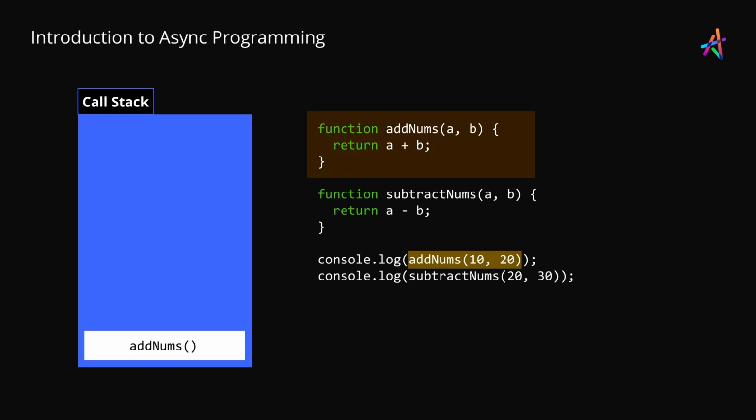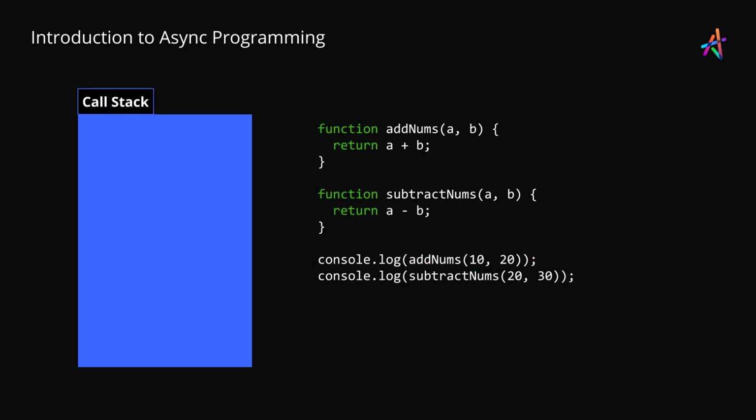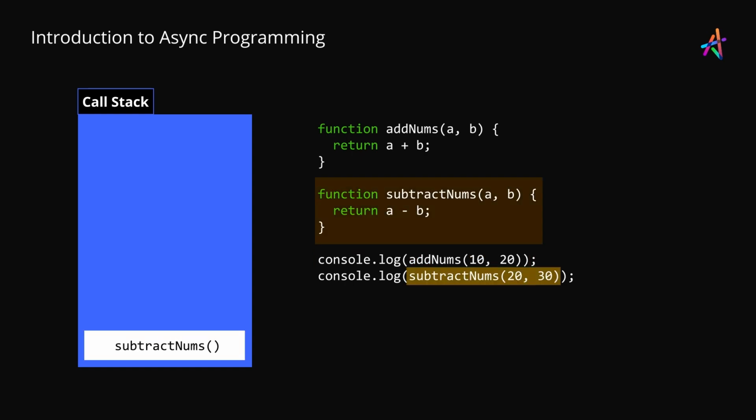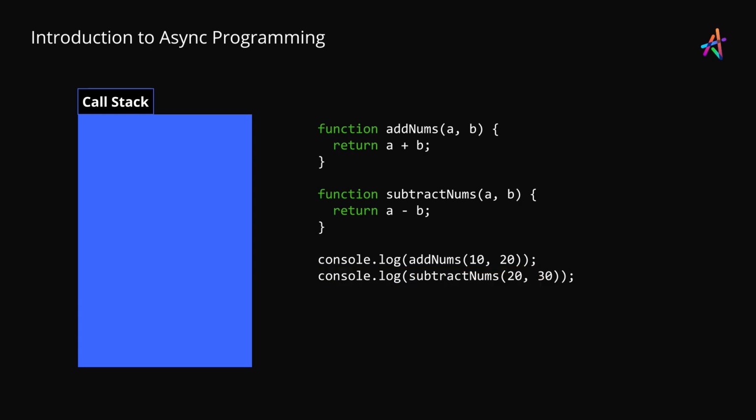For instance, in this case, when you start to execute code, the add_nums function is executed first and it goes up on the call stack. This is known as a frame. The numbers are added, console.log is added to the stack, executed, and the function exits. Then the subtract_nums function goes up on the stack, followed by console.log, which prints out the result, and the call stack clears out. All of this looks fine.